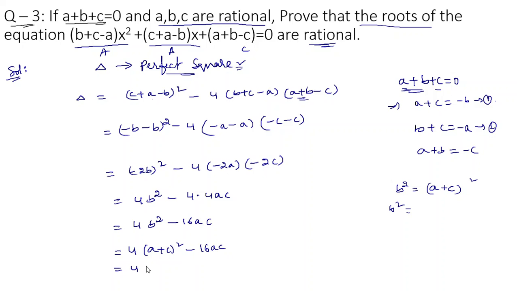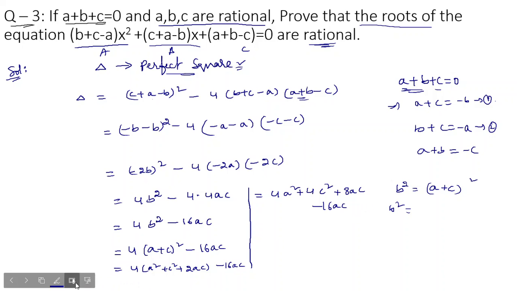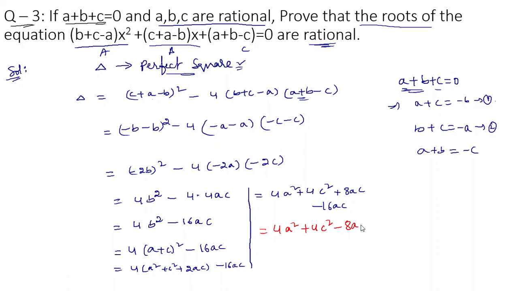So now this is equal to 4 into a square plus c square plus 2ac minus 16ac. So now this is equal to 4a square plus 4c square plus 8ac minus 16ac. So now this is equal to 4a square plus 4c square minus 8ac.